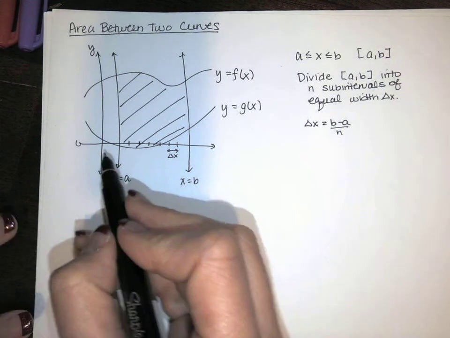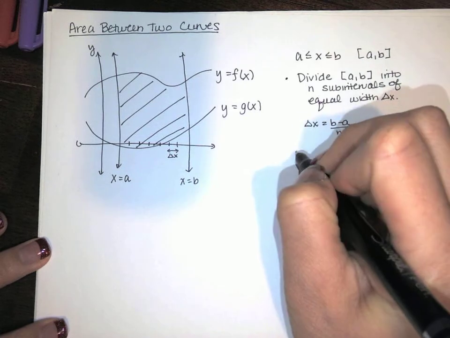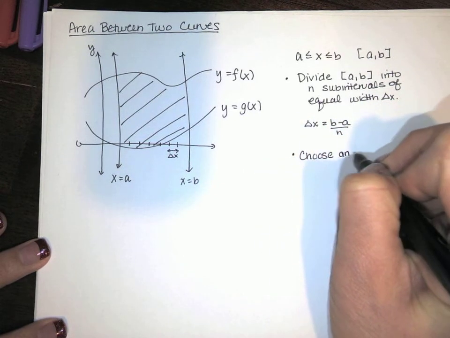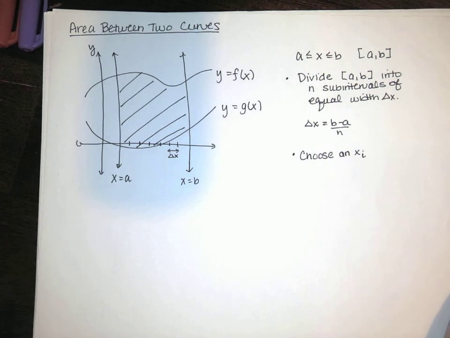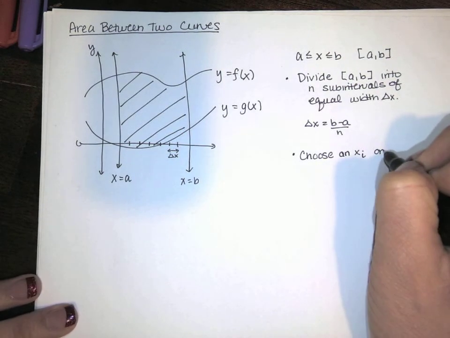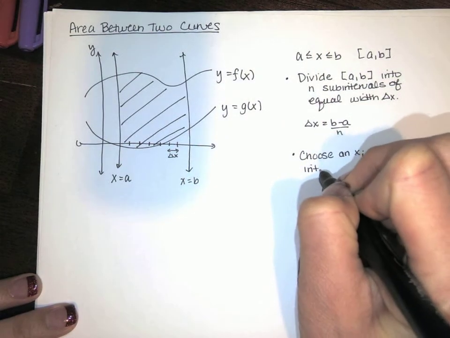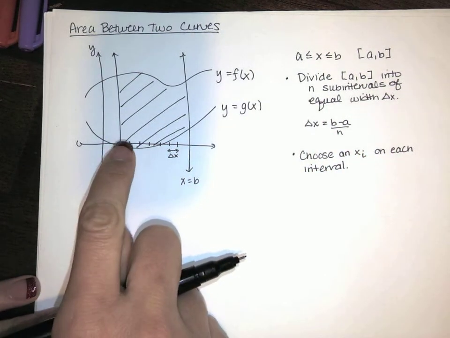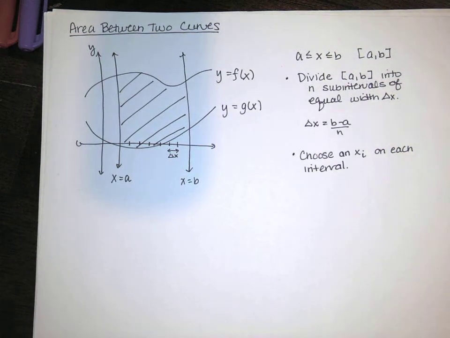And then on each subinterval, we're going to choose an x value, and we're going to call that x value x sub i on each interval. Back in Calc 1 we tended to use the left endpoint, the right endpoint, or the midpoint of the interval, but actually we could use any x value we want.